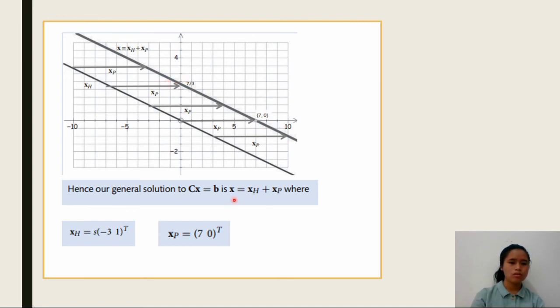We have hence our general solution to Cx equal B is x equal x_h plus x_p, where this is s times (minus 3, 1) transpose and (7, 0) transpose.